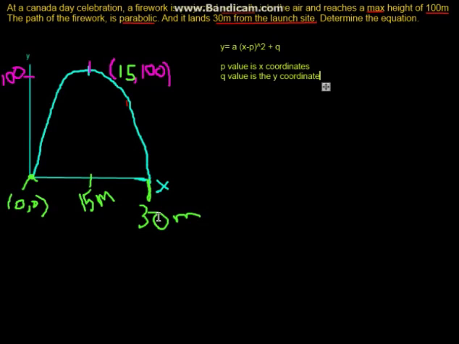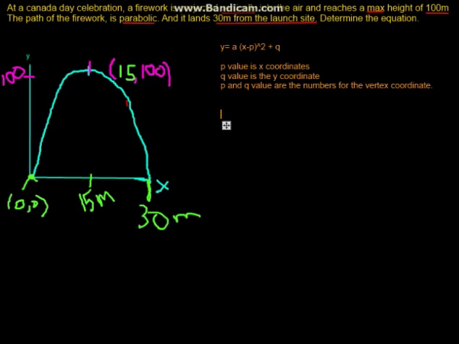Here you have two x's and y's: y equals a, and then you have x minus p. The p and q values are the numbers for the vertex coordinate. The vertex is the maximum height, so this is the middle of the parabola. You can say the axis of symmetry is x equals 15. Using that information, we can start plugging in numbers already.